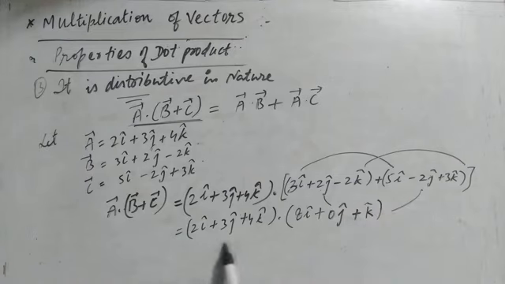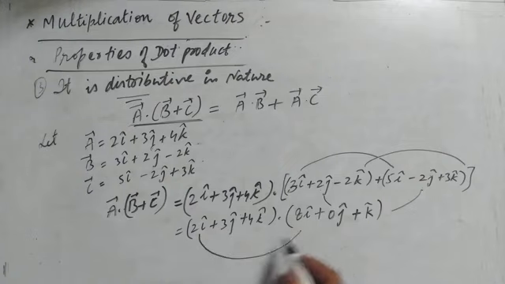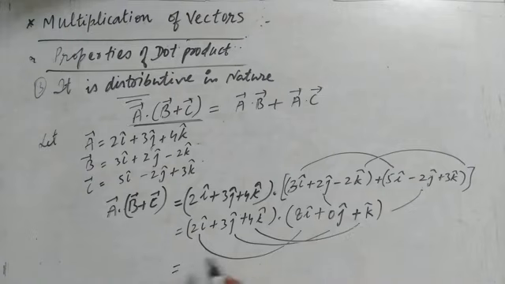Now we have to find out the product of these two quantities. So i with i, j with j, and k with k. This becomes 8 into 2, 16. i dot i becomes 1. Plus 3j into 0j, this becomes 0. 3 into 0 becomes 0.